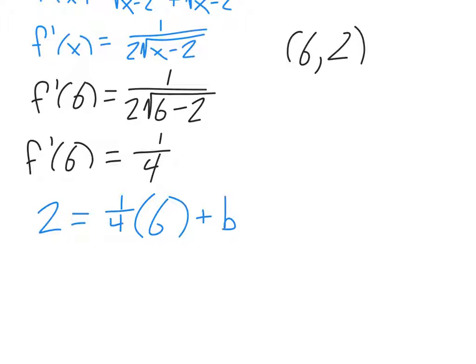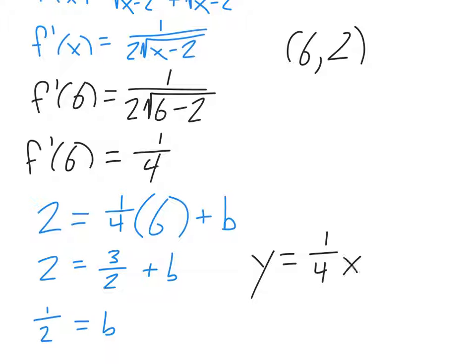So that gives me 2 equals 6/4, which reduces to be 3/2, plus b. So we subtract the 3/2 from both sides. You should end up finding that b equals 1/2. So we get then a final equation of y equals 1/4 x plus 1/2.